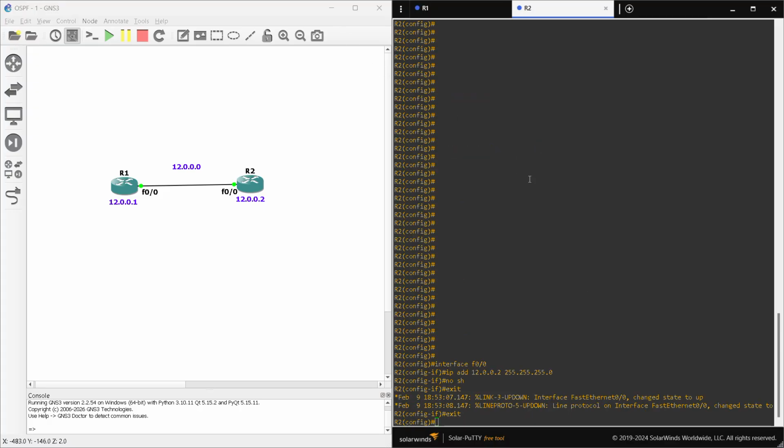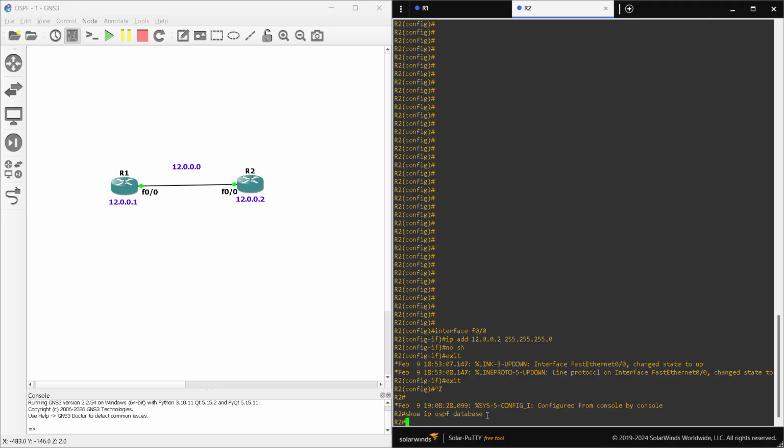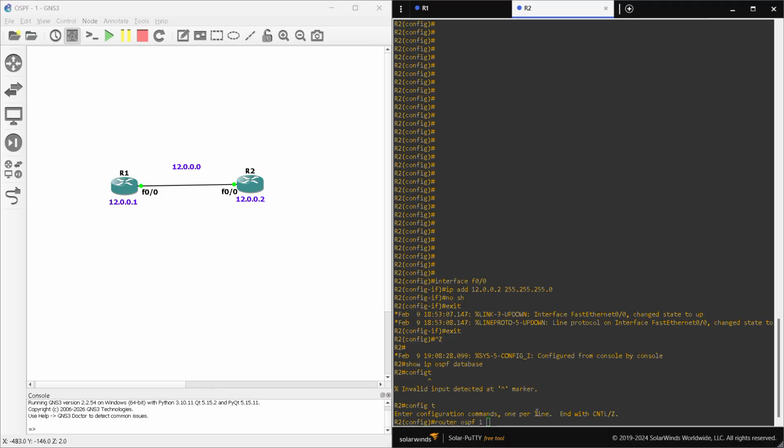Now before configuring R2, let's see what exactly is there in its database. So to look at it, we'll say show IP OSPF database. As you can see, it's empty. Now let us give the command for OSPF. Here I have only given this command, not subnet mask, not network.